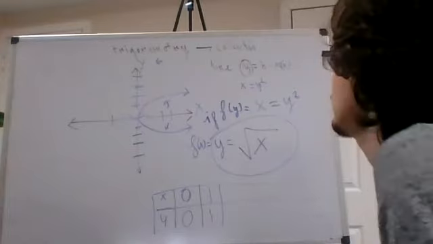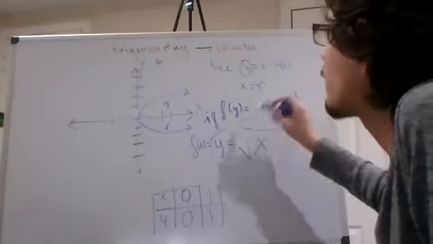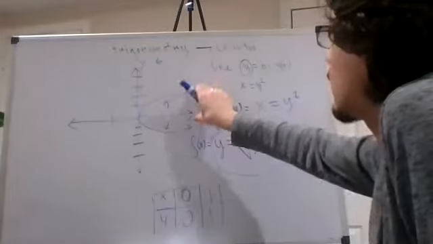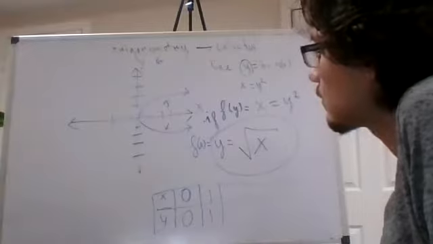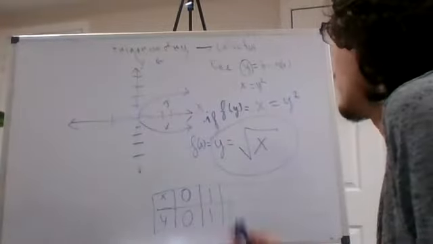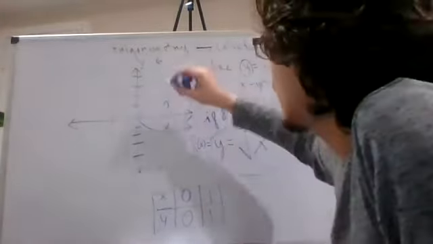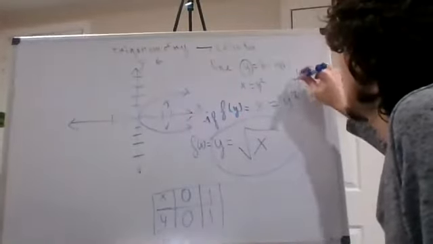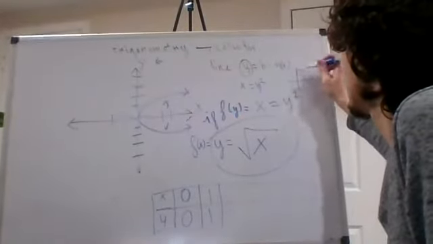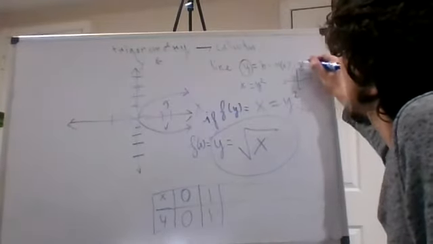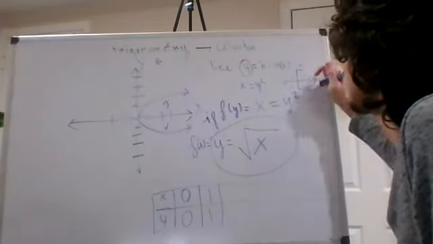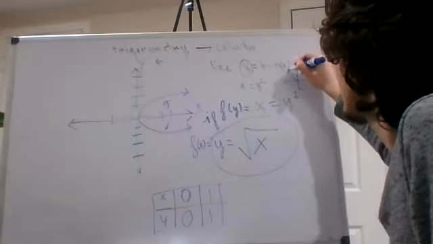Okay. When we inverted our equation, we had it so that the x was on top, right? Yes, sir. So when we drew x equals y squared, x was on top, y was in the middle. We drew it like this, correct?